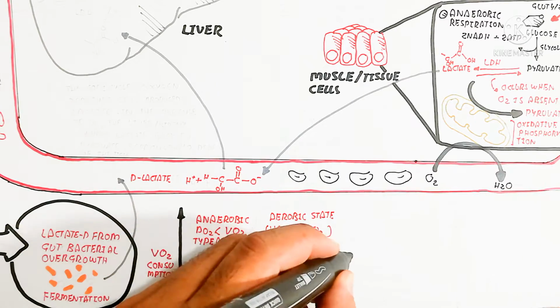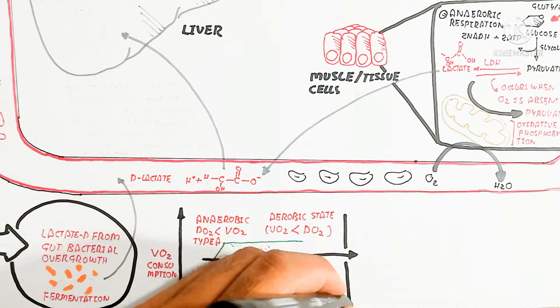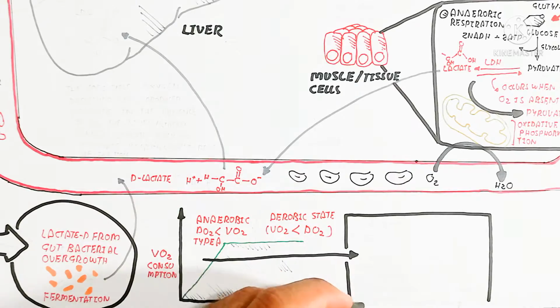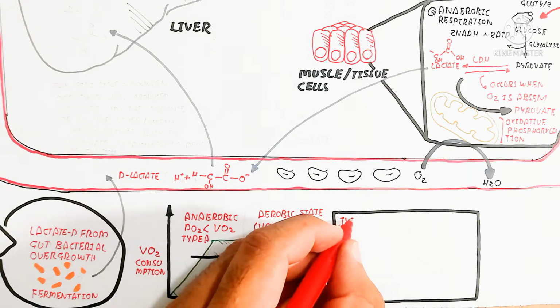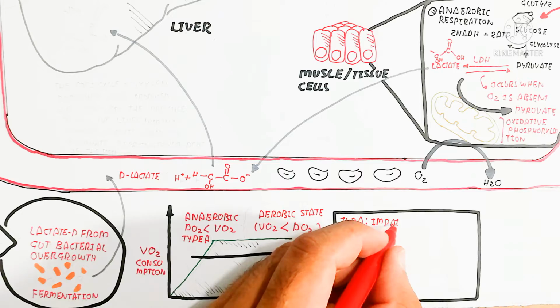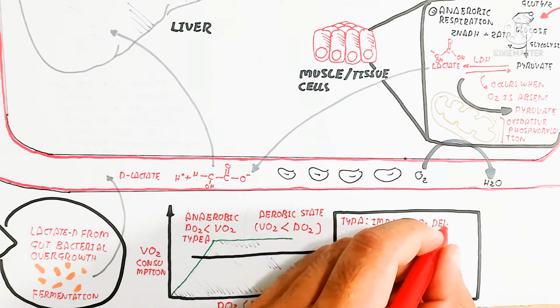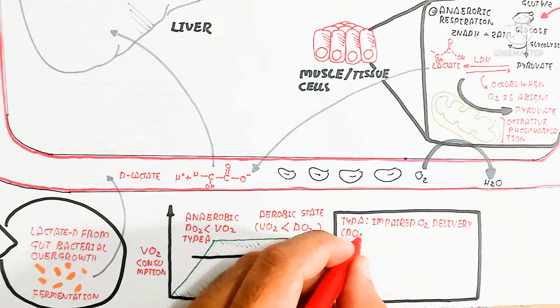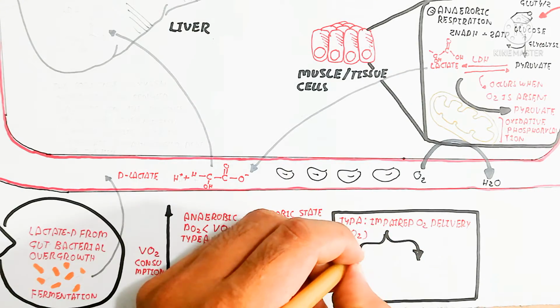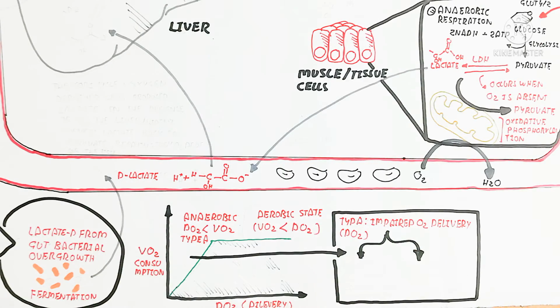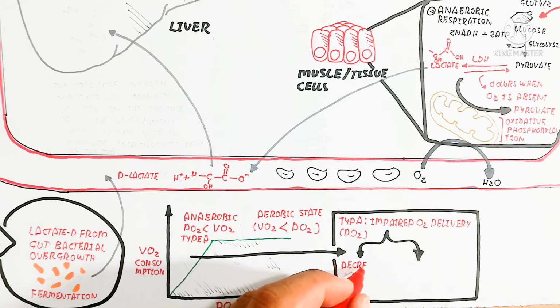That is type A. On the other hand, type B is the aerobic state, where the consumption of oxygen is less than the delivery of oxygen. It means the cell is damaged or impaired, and we will discuss that.